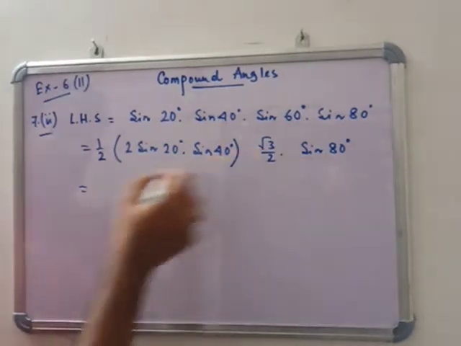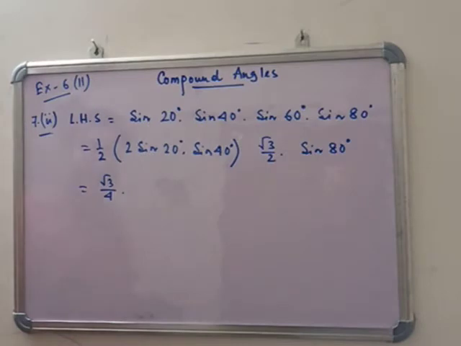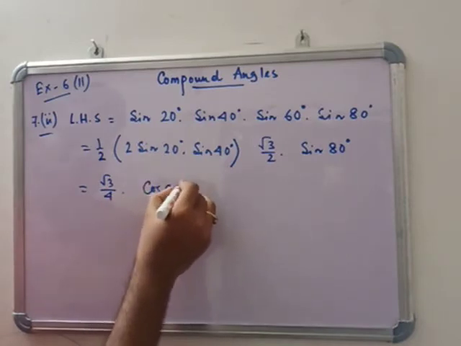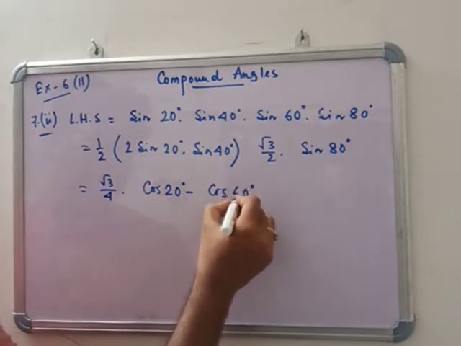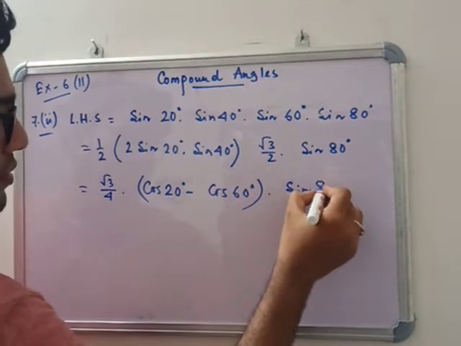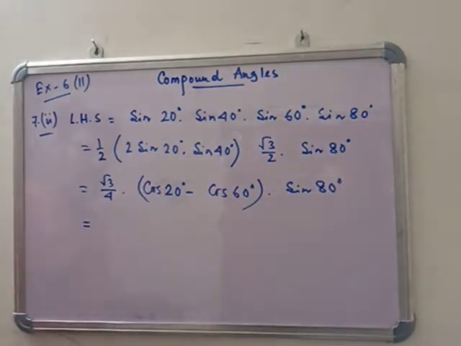So that means root 3 by 4 and 2 sine A sine B. That means cos of 20 degree minus cos of 60 degree into sine 80 degree.